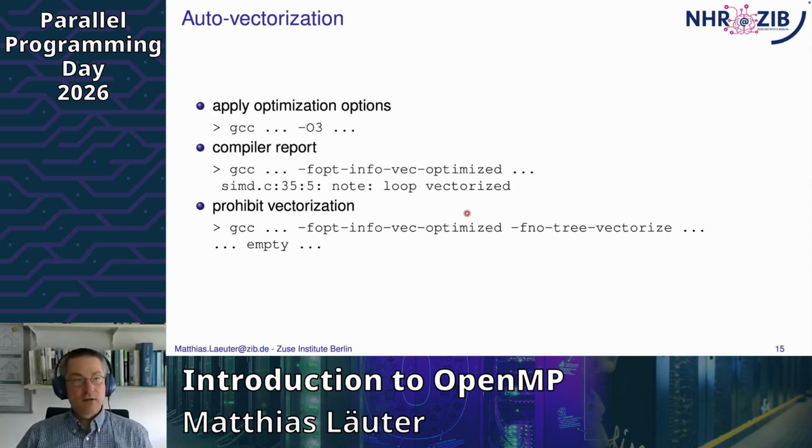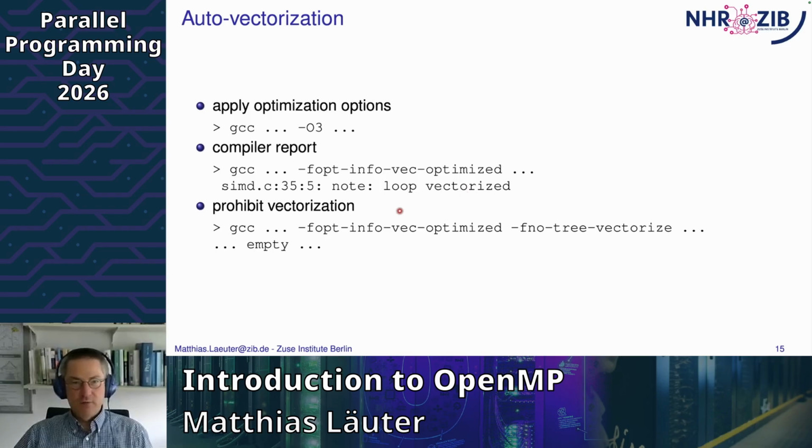So, how does auto vectorization work? For GNU, you switch on the optimization level, and optimization level 3 is enough. And usually then your job is done. And you can ask, of course, okay, please give me a report about your vectorization. Then you add this info optimized flag. You ask for the report, and then the answer of the compiler is yes, in my code SIMD, in line 35, my loop is vectorized.